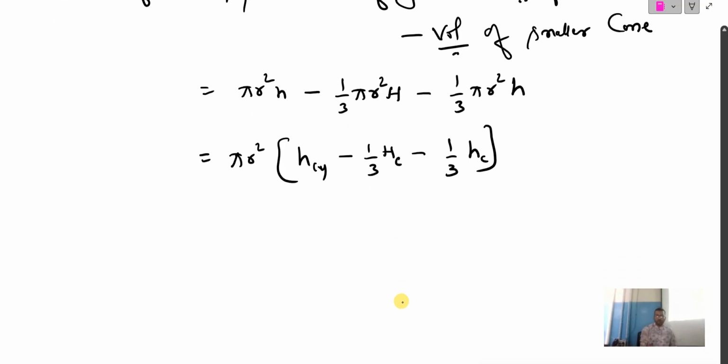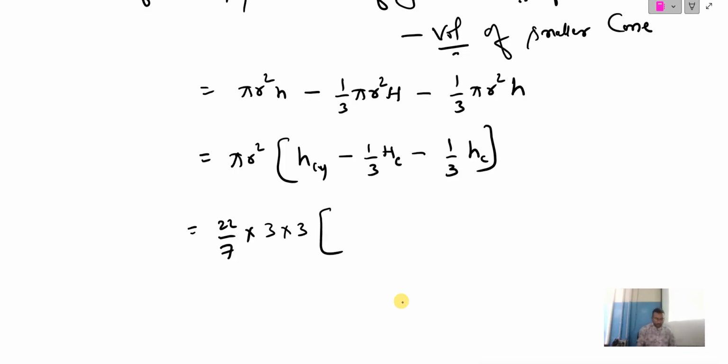Height of small cone 7, height of larger cone 14. Now 22 by 7 into 3 into 3, we keep it till the last step. If anything is getting cancelled, we cancel. If not, we multiply.